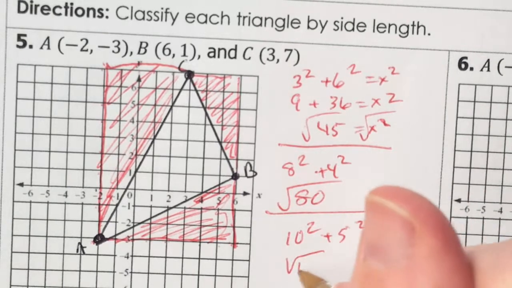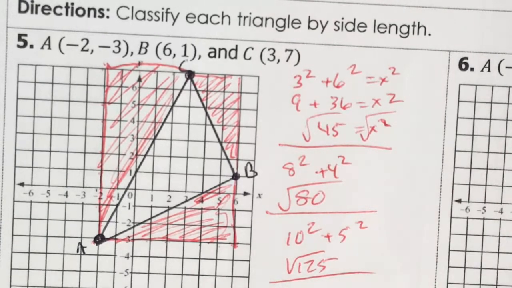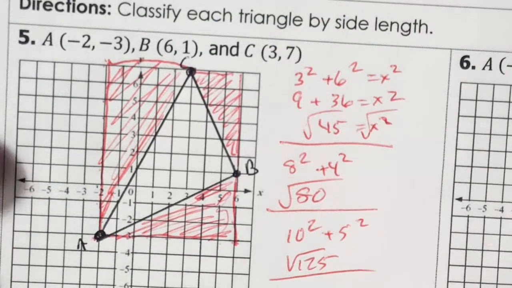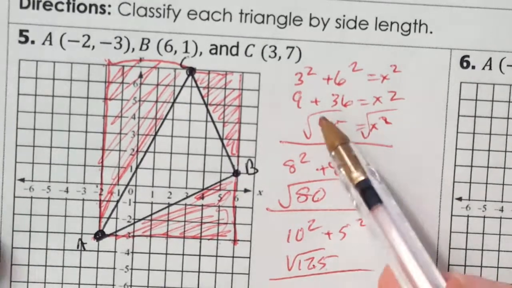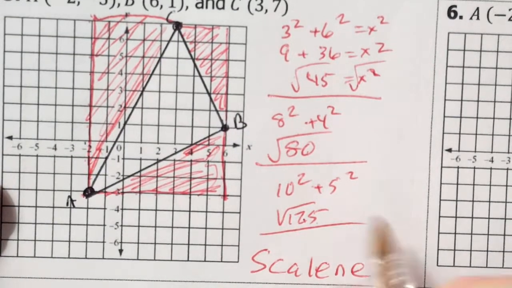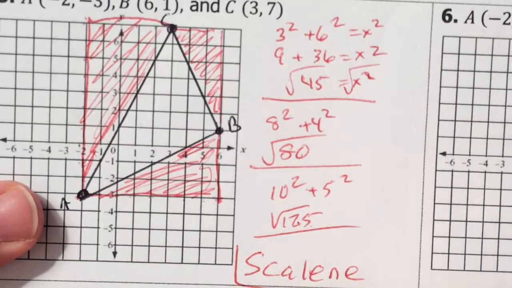So that's the square root of 125. Okay, so now we're talking about equilateral, isosceles, or scalene. All right, so with that, look at the sides. We have 45, 80, and 125. And are any of them equal? No. So this is definitely scalene. None were equal, so this is definitely scalene.